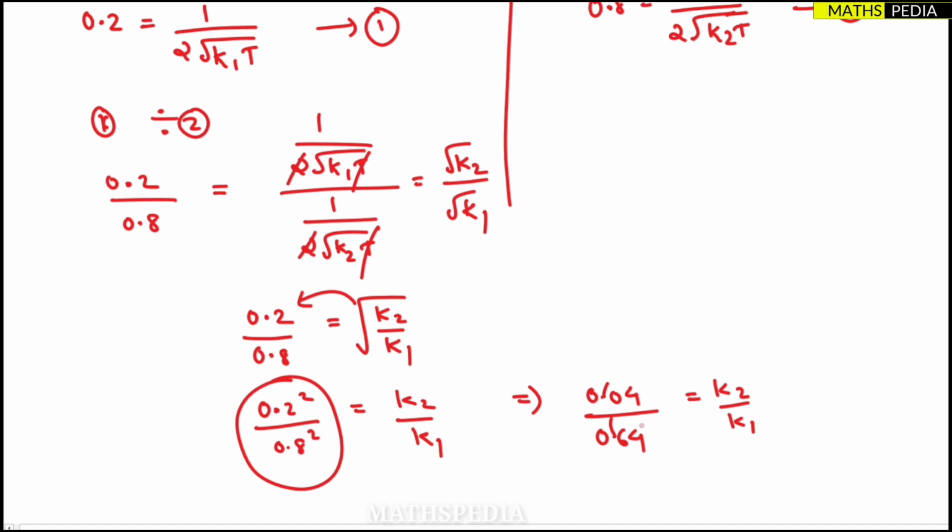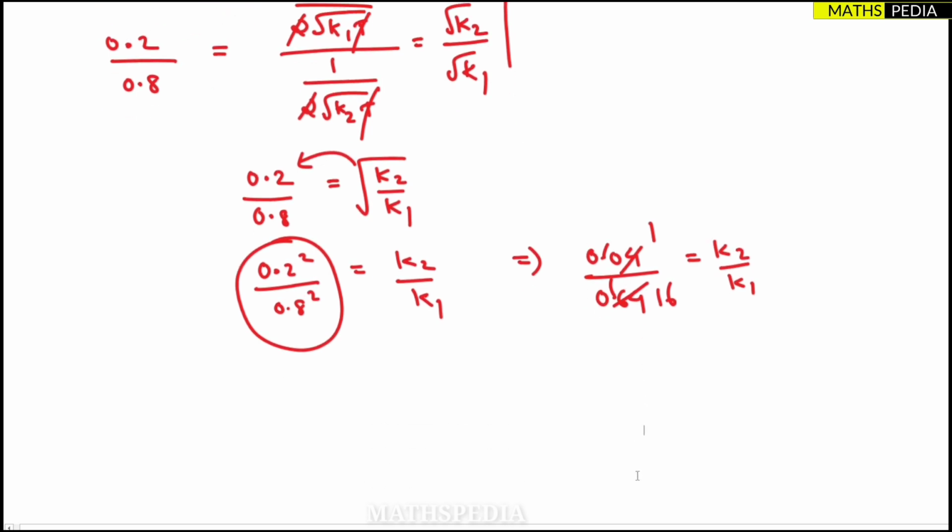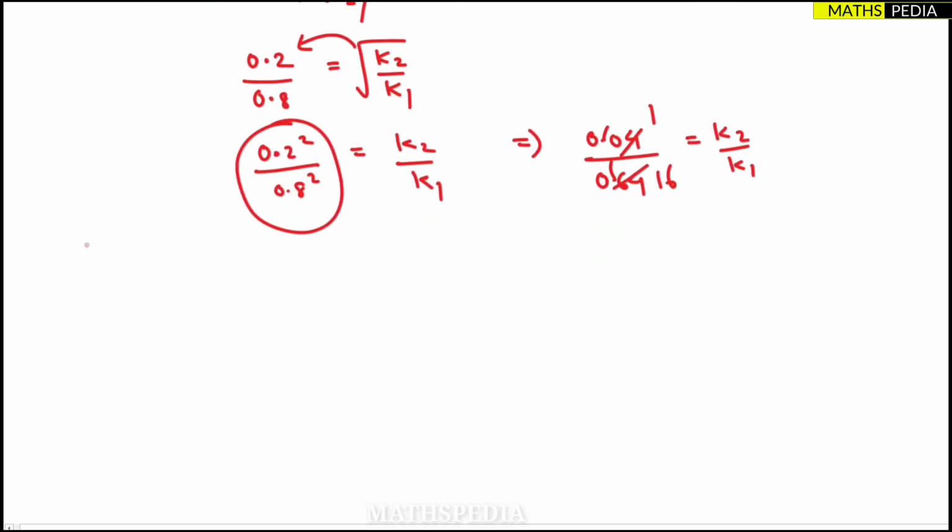If we cancel, 4 ones are 4, 16 fours are 64, so I am getting the value 1 by 16 is equal to k2 by k1. When I cross multiply, k1 into 1 is k1, equal to 16 times k2.